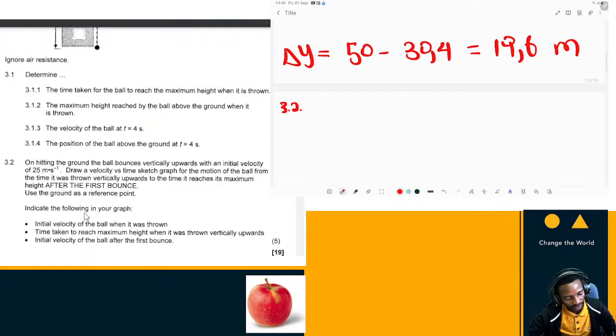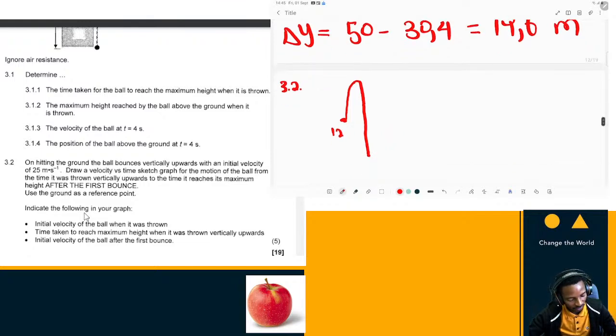Initially, the ball was thrown with a speed of 12 meters per second. Then it reached the maximum height, then goes to the ground. When it reached the ground, it reached with a velocity of 25. Then it bounced back, then it reached maximum height. Then we don't know what happened thereafter.